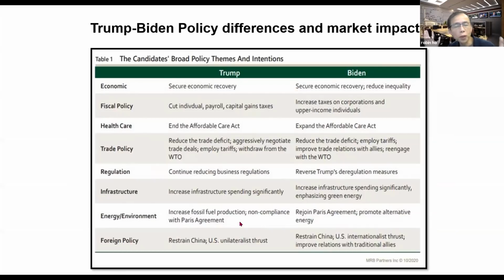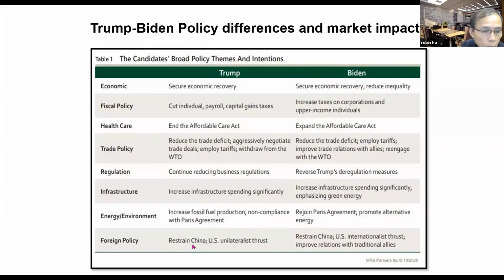That's why he wanted to tear the agreement apart, so America can continue to emit dirty fuel. But Biden wants to rejoin the Paris Agreement and promote the Green Deal and alternative energy.